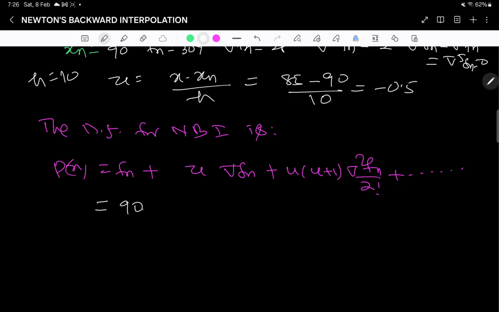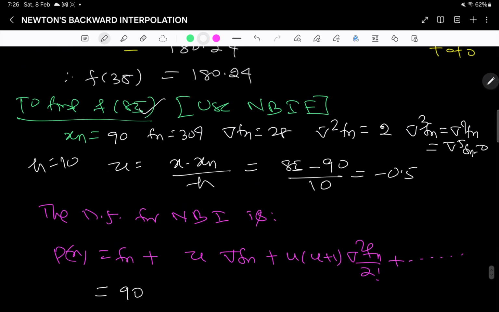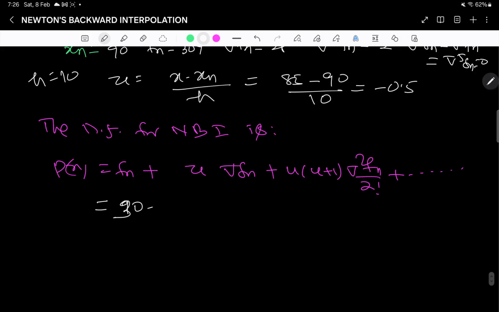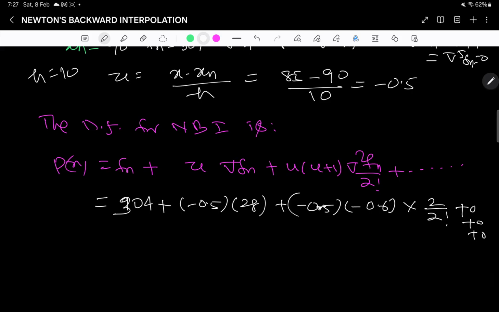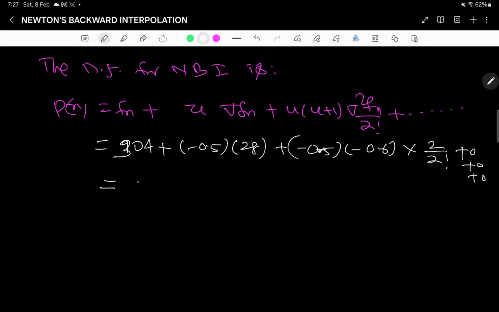So f of xn is 304, so this is 304 plus minus 0.5 into 28 plus minus 0.5 into minus 0.5 plus 1, which is 0.5, into 2 by factorial 2, and onwards it is 0 plus 0 plus 0. So I just simplify it. It will give me 289.75. So therefore my f of 85 is 289.75.